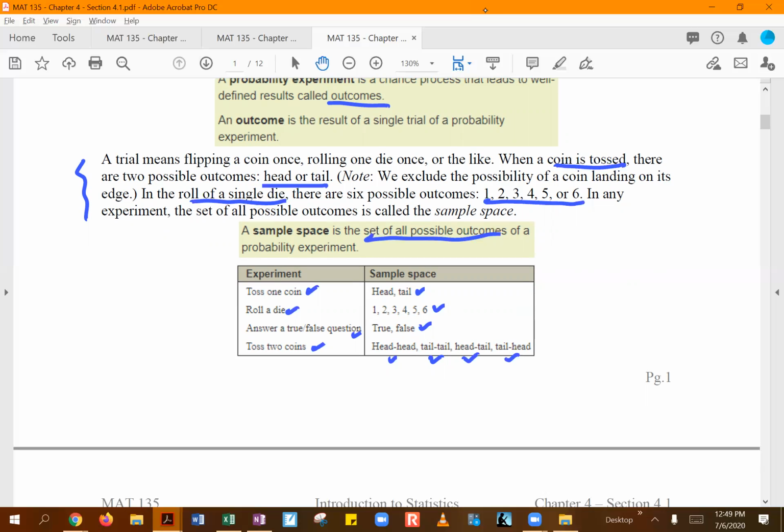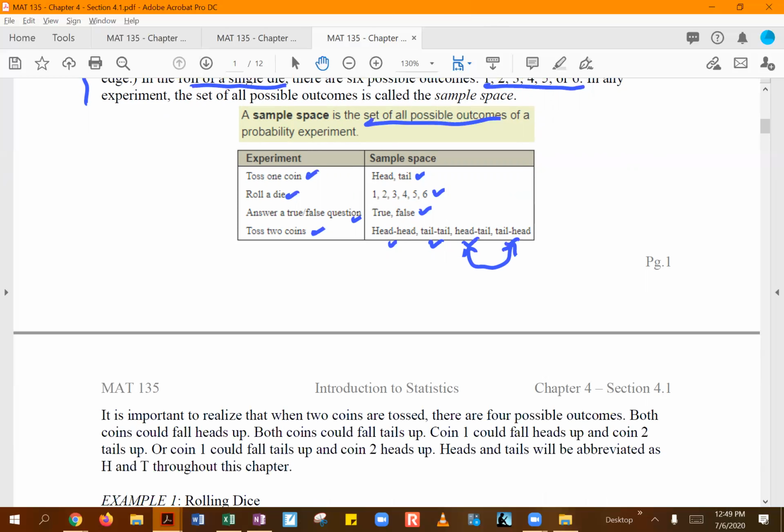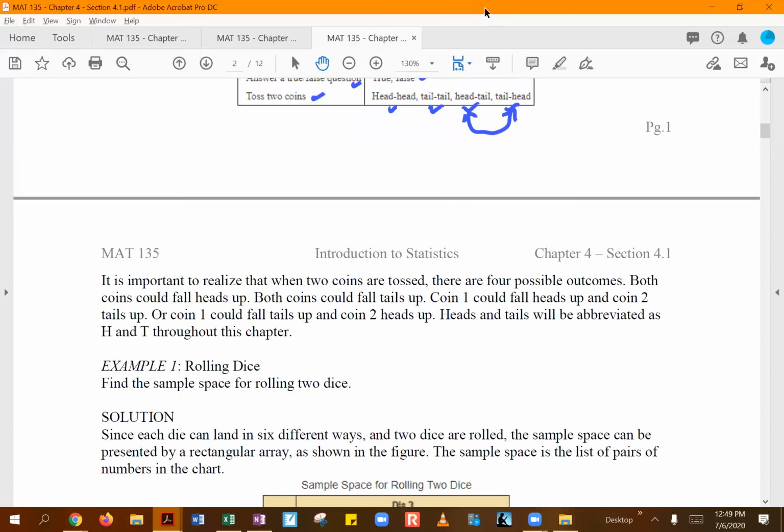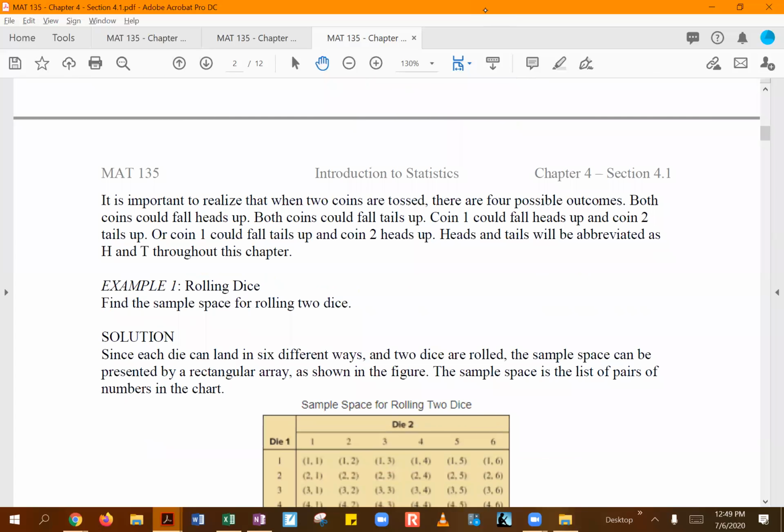And these last two outcomes are going to be 2 separate outcomes. They are not the same, because it's the idea of which one of them landed on the head and which one landed on the tail. So that's why we have to write them as 2 separate outcomes. So that's kind of how you come up with your sample space over here.